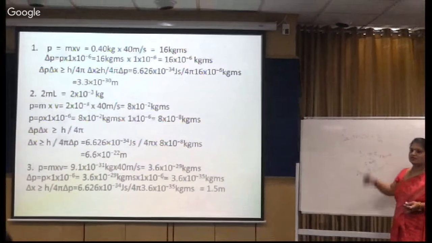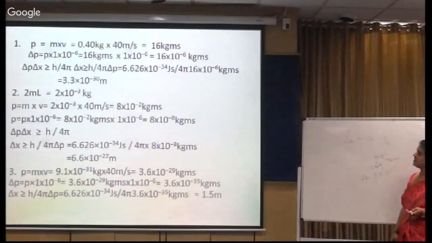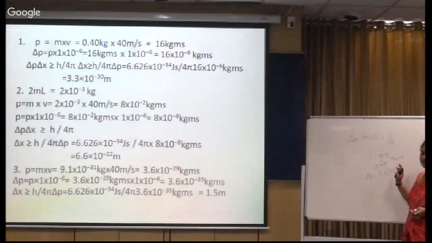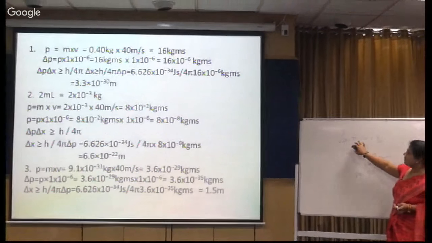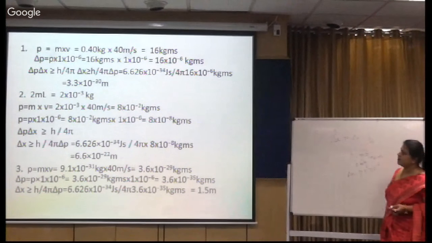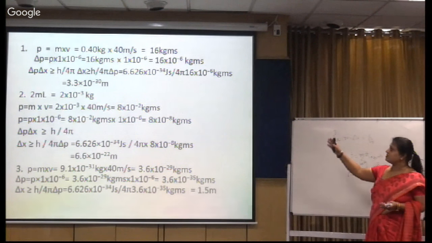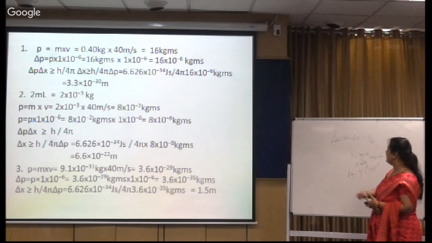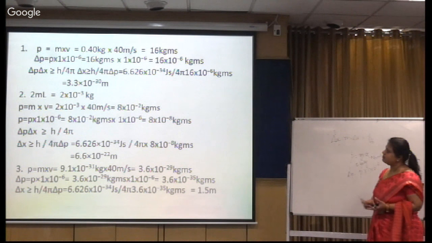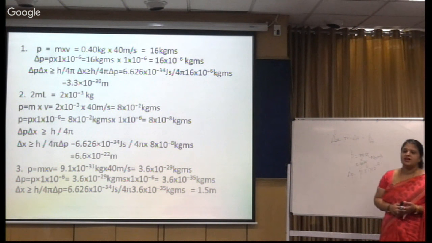Momentum is 16 kg meter per second, so accordingly it can be calculated. And hence, delta P delta x is greater than h by 4 pi, or simply you can just calculate delta x accordingly, which comes out to be 3.3 into 10 to the power minus 30 meter.